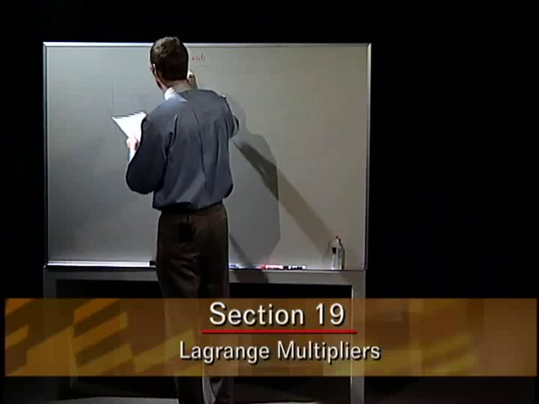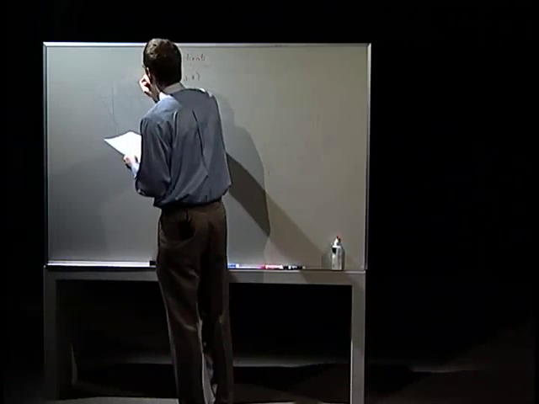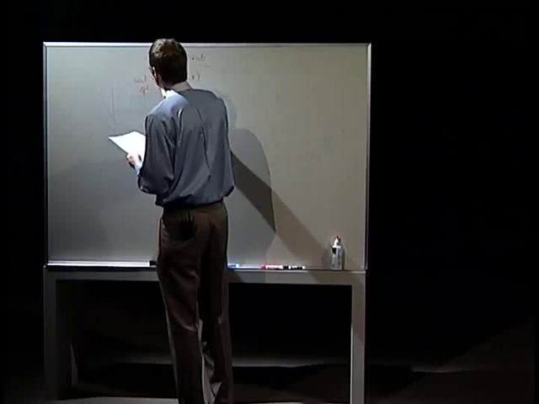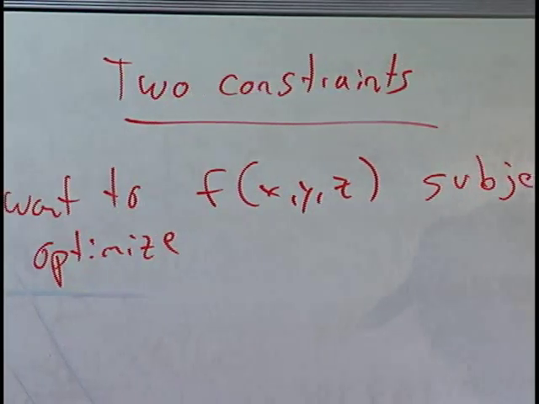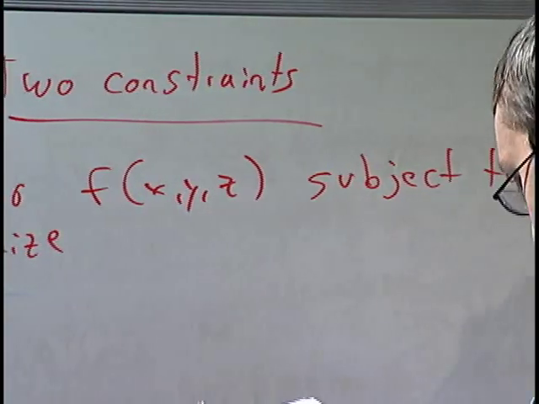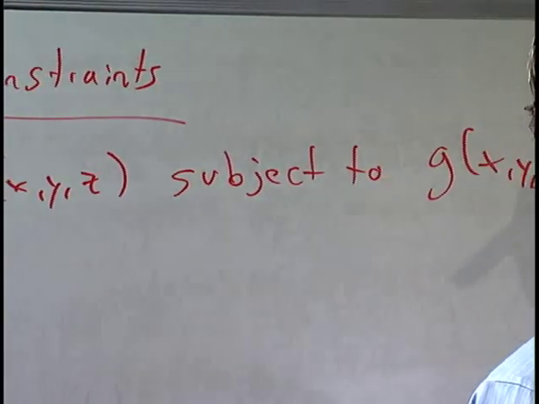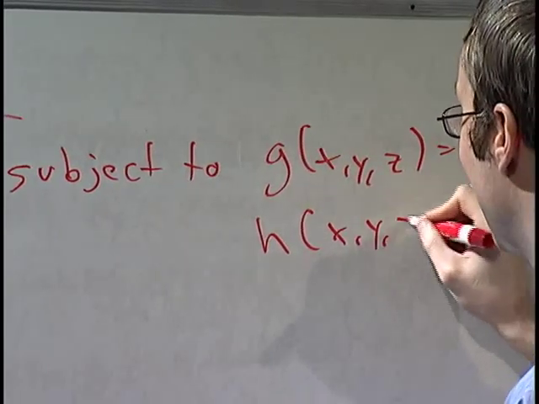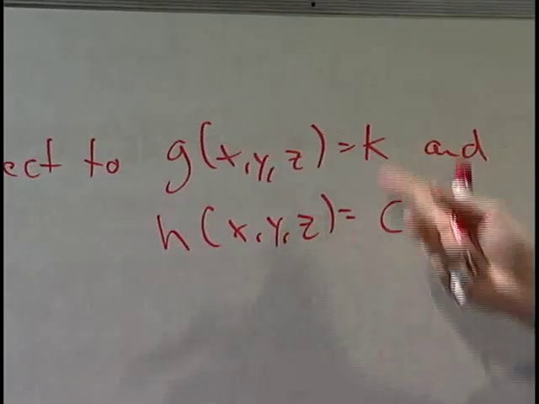All right, and so now you're optimizing some function, so you want to optimize that function. And now you have two constraints, subject to, say, some g of x, y, z equals k, and some h of x, y, z equals c. Okay? So you have the two constraints.